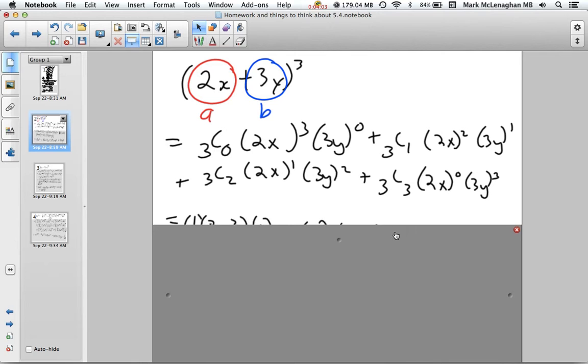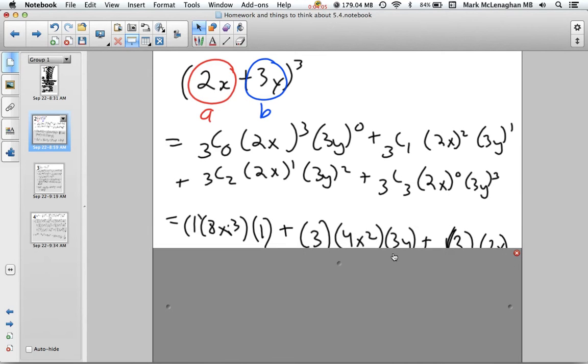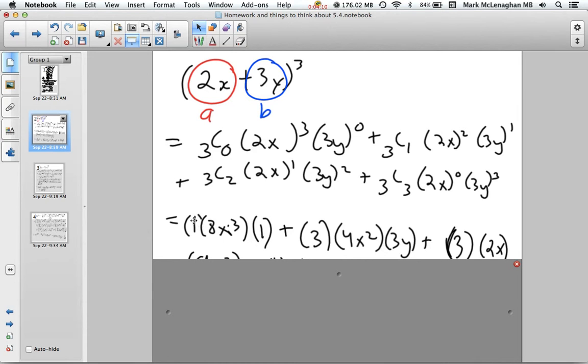Now we have to expand all those. So let's look at the first couple. This is 3 choose 0, which is 1. This is 2x all cubed, so 2 cubed and x cubed, and then 3y to the 0, which is 1. This is 3 choose 1, 2x all squared, so 4 times x squared, times 3y to the 1, which is 3y.